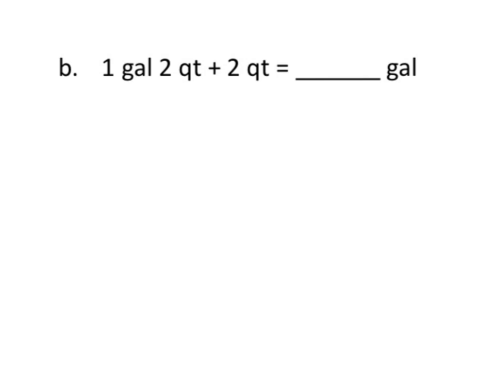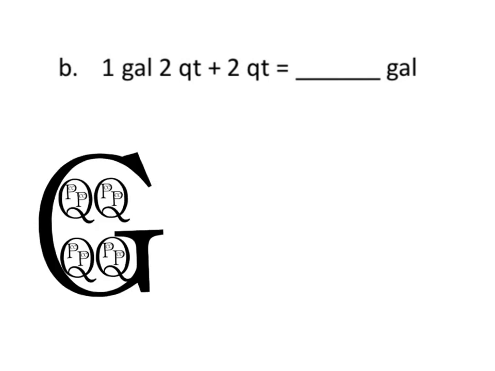1 gallon and 2 quarts plus 2 quarts equals how many gallons? All right, so I have my gallon illustration, with the quarts and the pints and the cups. What we want to do is look at the 2 quarts and add these together because they're the same. They're not different, they're the same. So 2 plus 2 is 4 quarts.